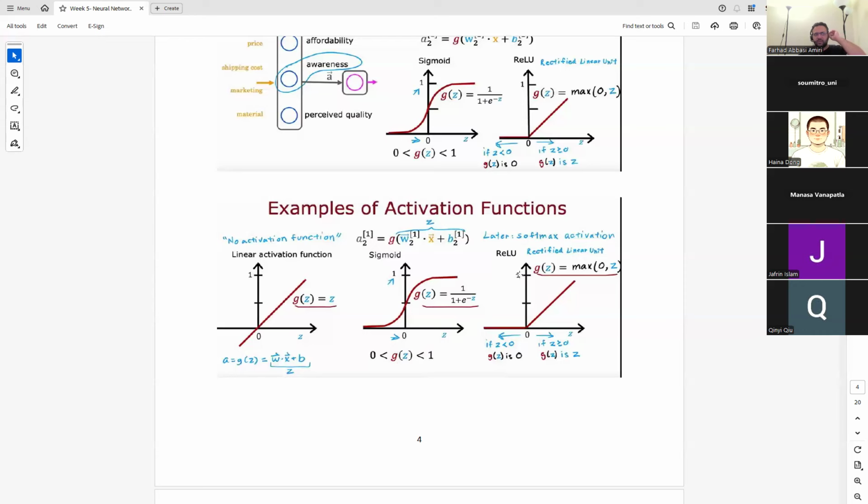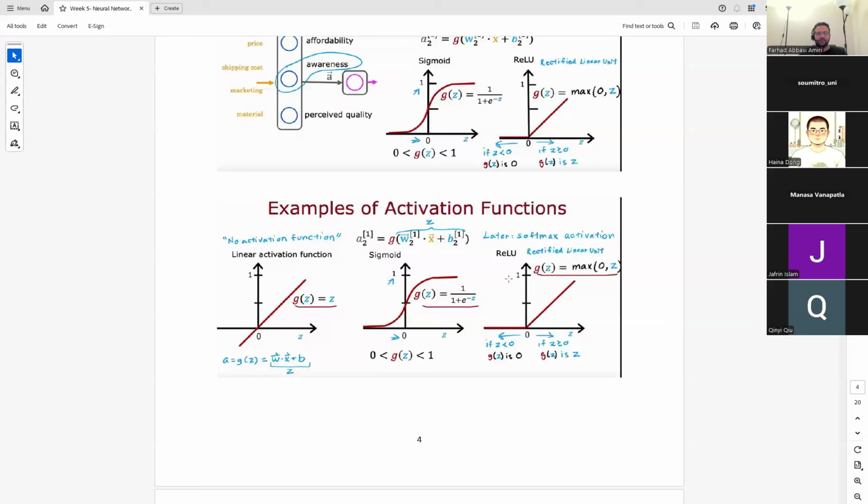And the third one I just mentioned is ReLU, or rectified linear unit. And g of z is max of 0 and z. When z is less than 0, is negative, g of z is 0. When z is positive, you're on the right-hand side of the coordinates, then g of z is directly equal to z.